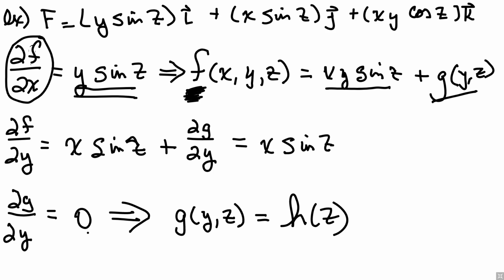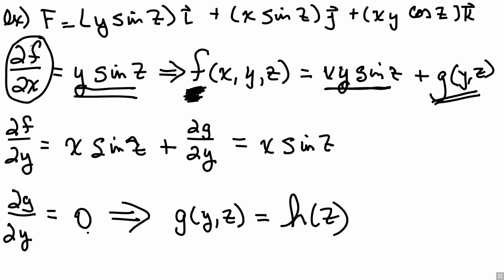Okay, so keep in mind that I'm taking the partial of f in respect to y, right? When I take the partial, I'm doing the partial for each of these pieces in respect to y.